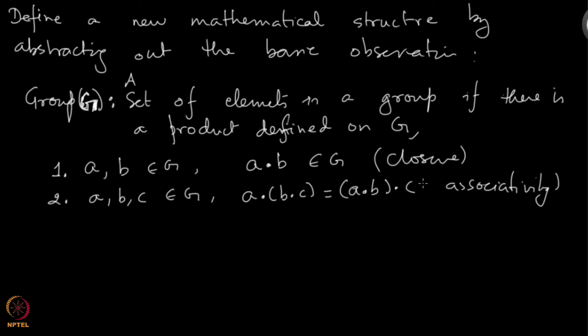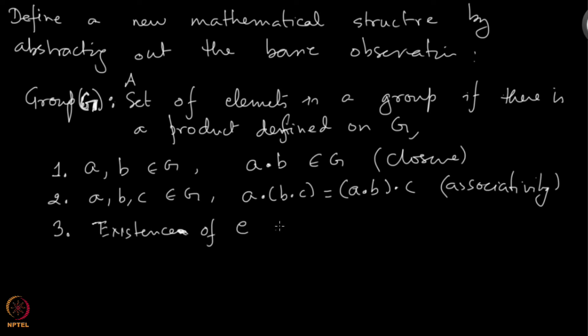That is the associativity, again a requirement on the multiplication. Third, there should be existence of an identity element.